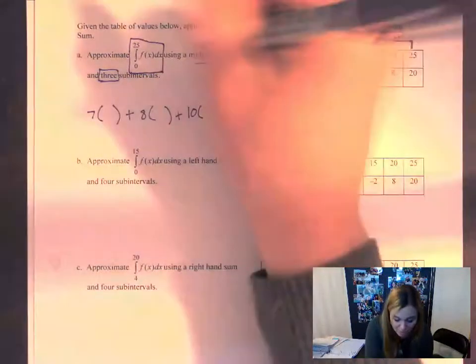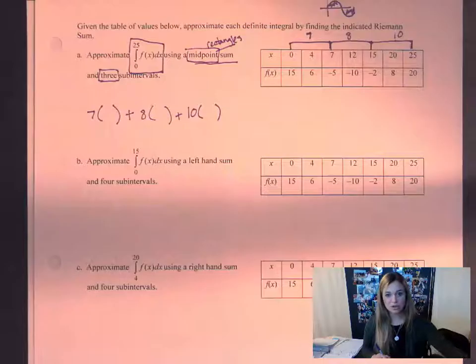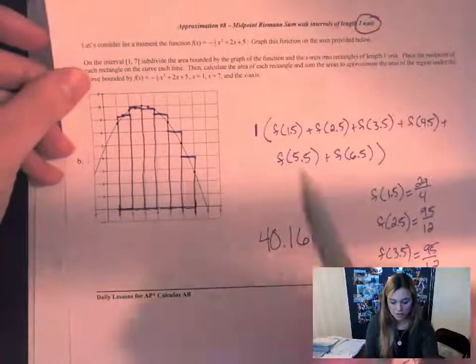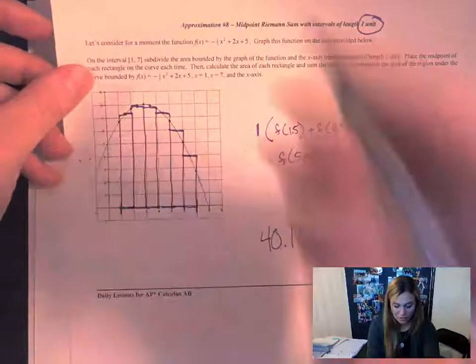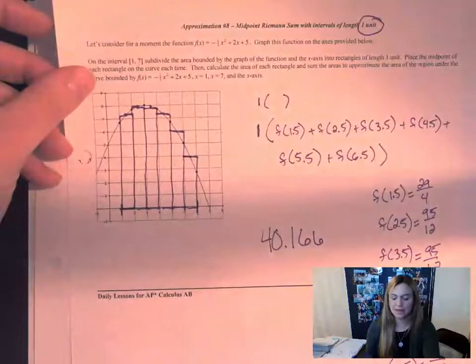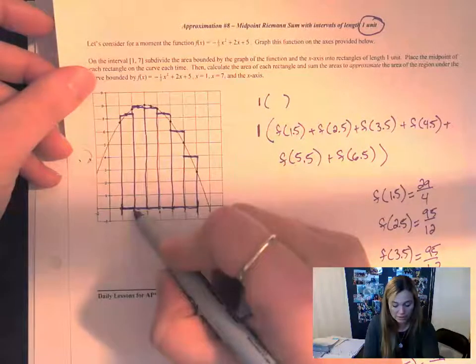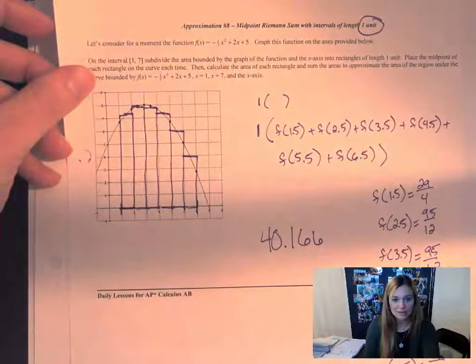In a midpoint Riemann sum, let's think about when you are drawing the rectangles. Let's say the very first rectangle: the base was 1, but how did we figure out the height?